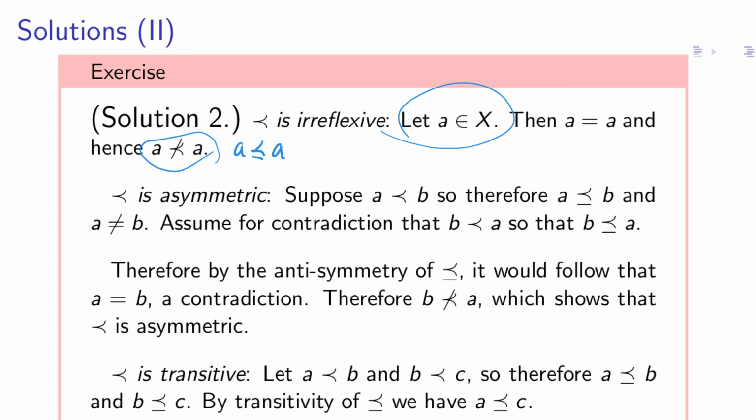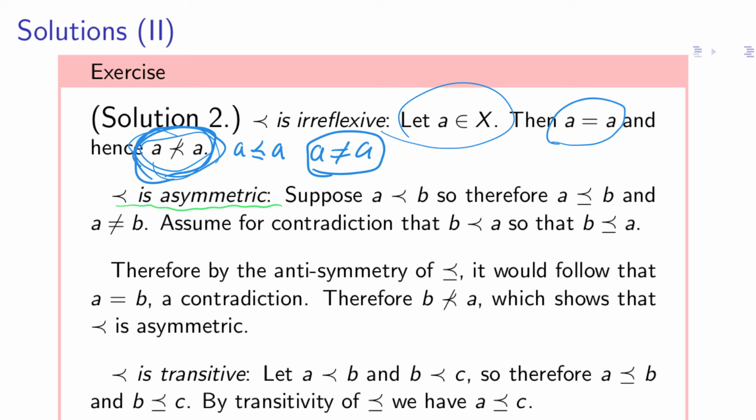But the other part is that A would have to not equal A, because that's another part of strict precedence. Well, that is clearly incompatible with A equals A, and so we cannot have that A strictly precedes A.